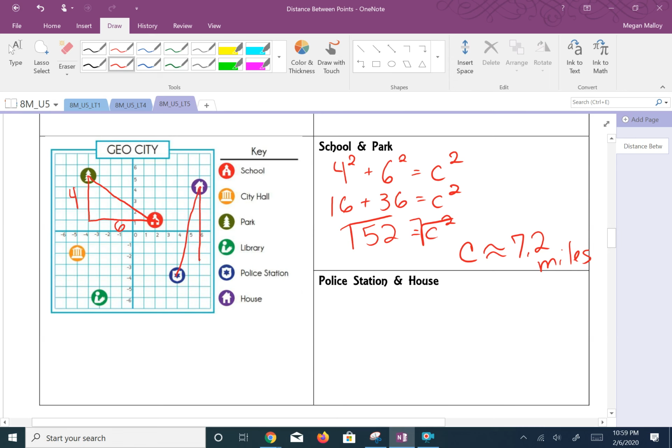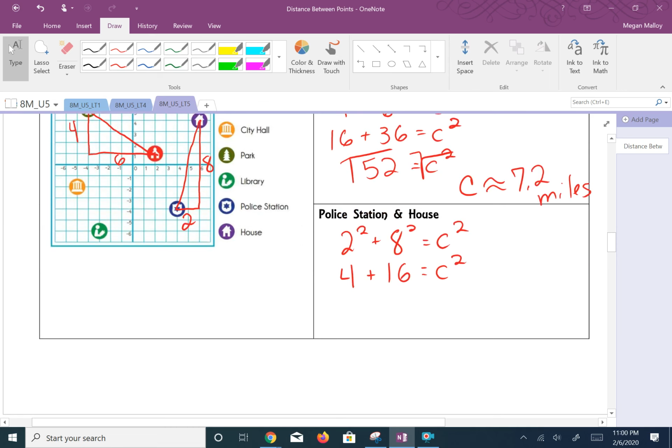So first find your vertical distance and your horizontal distance. So the horizontal leg is 2, the vertical leg is 8. So 2 squared plus 8 squared equals c squared. 2 squared, 2 times 2 is 4, plus 8 times 8 is 16, equals c squared. 4 plus 20.